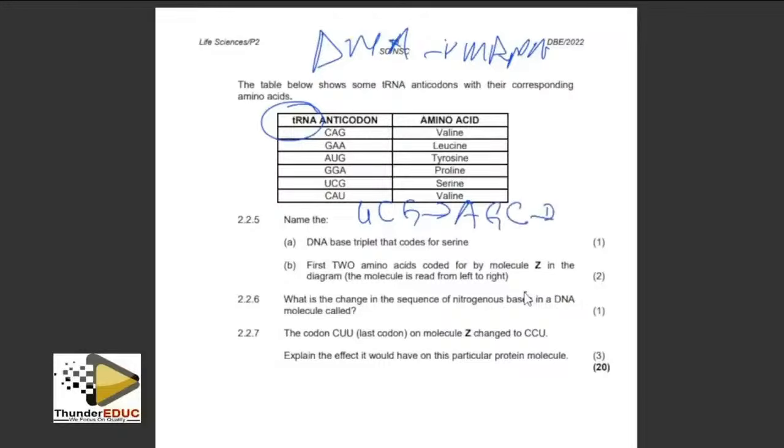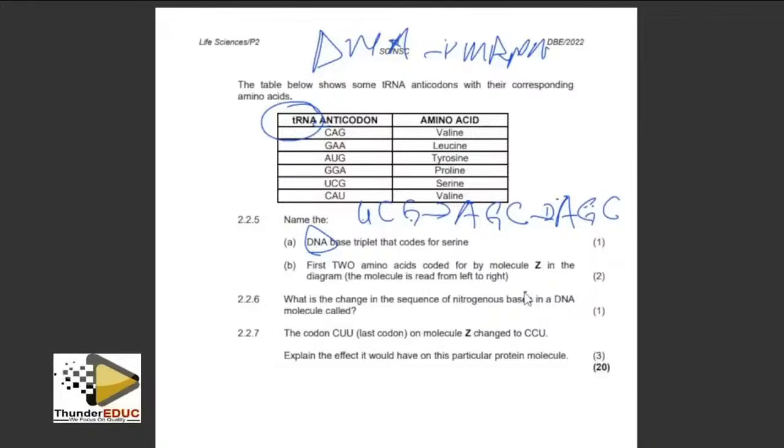Then convert it to DNA because they want DNA. How many times do you convert? It depends on what they have given you. So it's going to be A, G, and then C. Are they saying serine? Yes, that's going to be the answer.